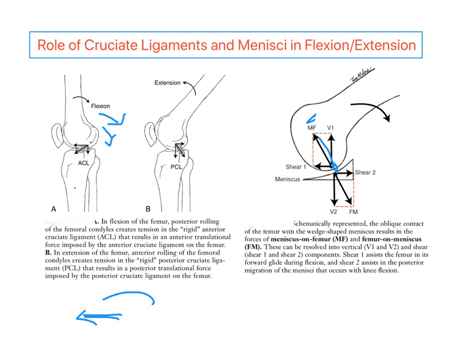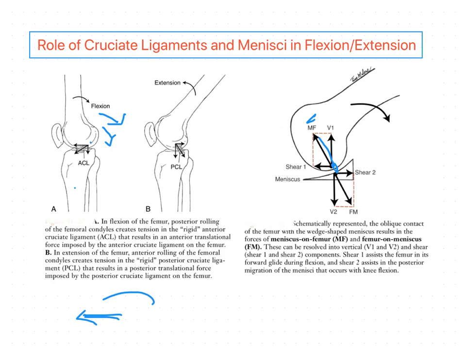The posterior deformation of the menisci occurs because the rigid attachments of the meniscal horns limit the ability of the menisci to move in their entirety. And this posterior deformation also allows the menisci to remain beneath the rounded femoral condyles as the condyles move on the relatively flat tibial plateau.